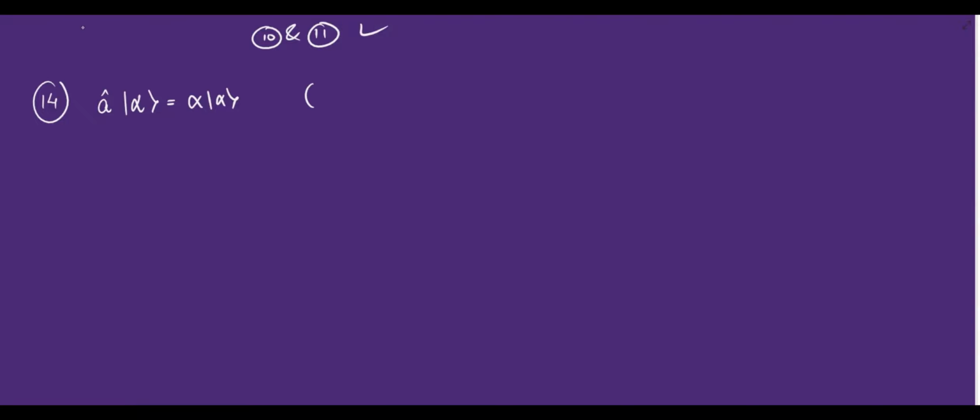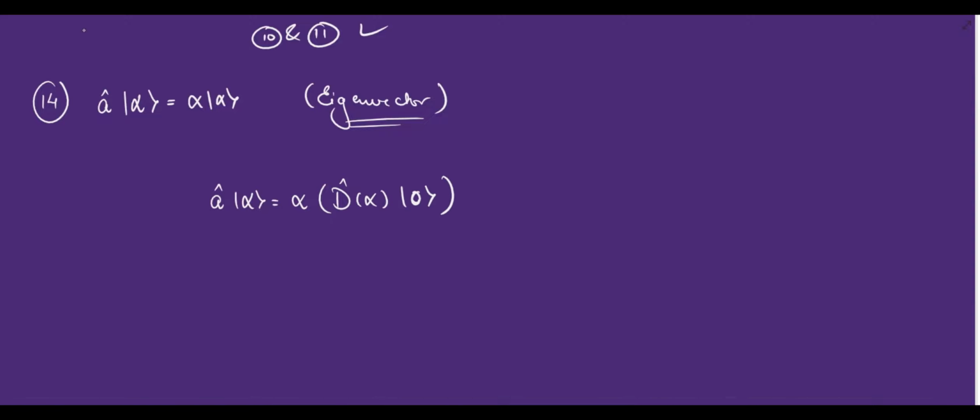So let us prove this very important property of coherent states. Let us just write the right hand side in a more decomposed form: alpha times D-cap of alpha times the single mode vacuum state. This is what the definition of alpha was, as we defined earlier.